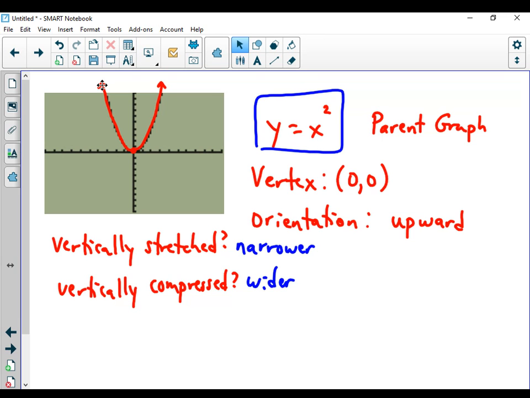Second equation, I did 2x. So you have to stretch.